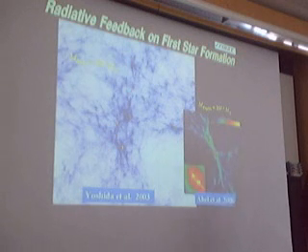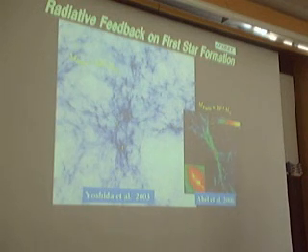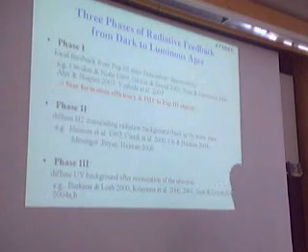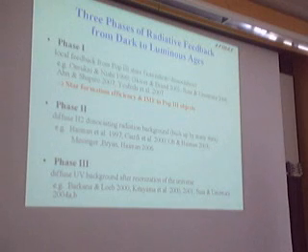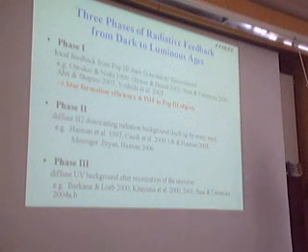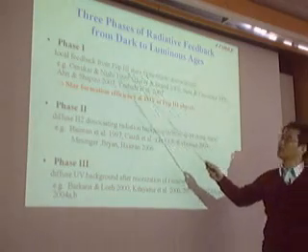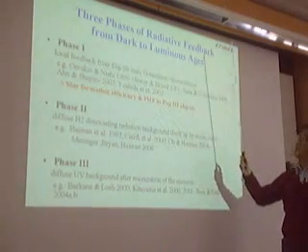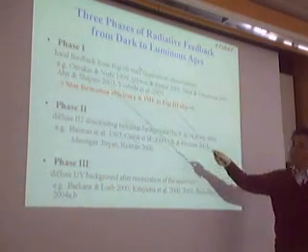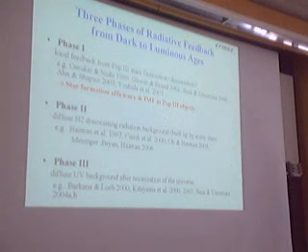The question is how many stars actually formed in a POP3 object. In that case, we should consider the radiative feedback from the POP3 stars. There are three phases of radiative feedback from the dark age to the luminous age. Phase 1 is local feedback from POP3 stars, which regulates the star formation efficiency and initial mass function in a POP3 object.